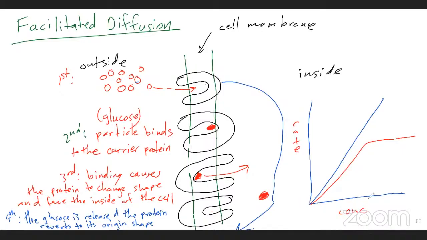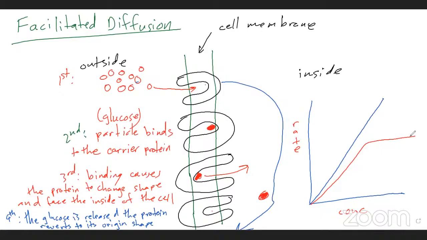As the concentration increased, the rate of diffusion was increasing. Notice for this one, even when the amount of particles increases, after a while the rate of diffusion for this curve became constant.